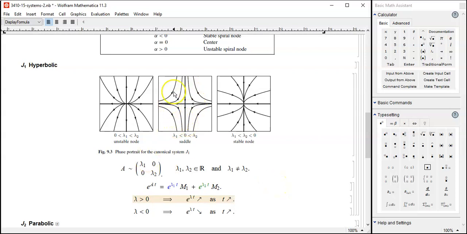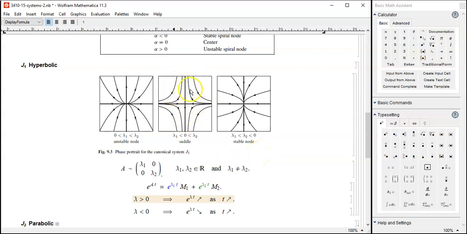Because this one is so dominant, we usually call the entire circumstance hyperbolic, even though these two pictures do not really look hyperbolic. The reason: what if we have 100 eigenvalues, maybe even more? This is for all positive, all 100 eigenvalues positive. Here, all 100 eigenvalues are negative. Probabilistically, these two cases are relatively unlikely.